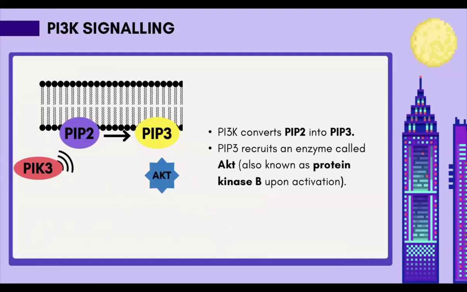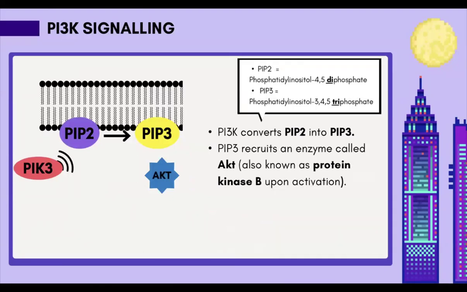So these are the names of PIP2 and PIP3. As you can see, it gets converted from a diphosphate into a triphosphate. It's important not to confuse this reaction with the one that you see for phospholipase C, which has IP3 plus DAG. This is completely different, and this is not something that you should confuse it with.